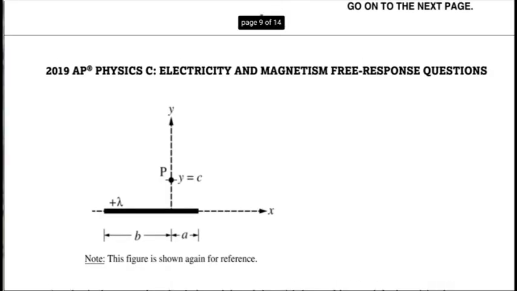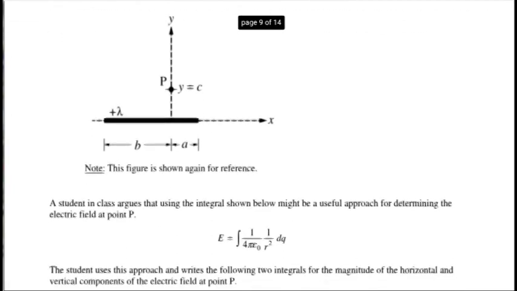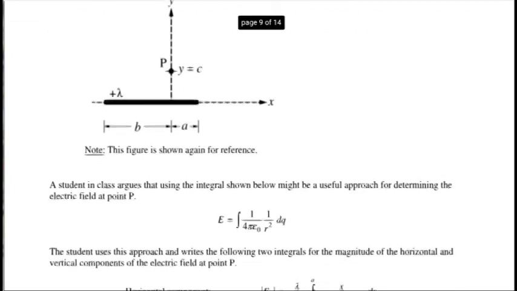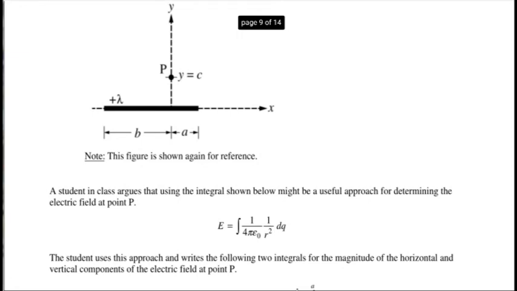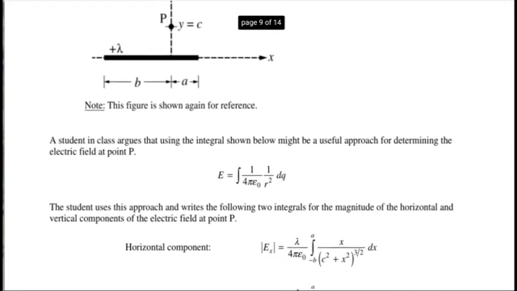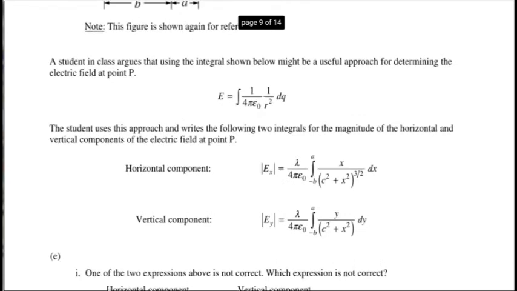maybe there's one more. Oh, there is one more part. And then finally part E. Once again, we're looking at this non-symmetric case, and a student in class argues that using the integral shown below might be a useful approach for determining the electric field at point P. And this is just the general equation for electric field, right, over a distributed charge.